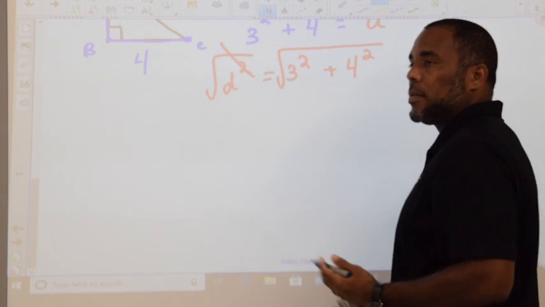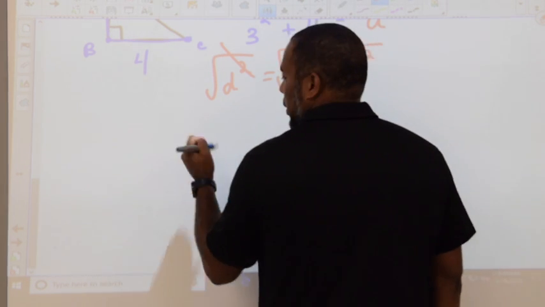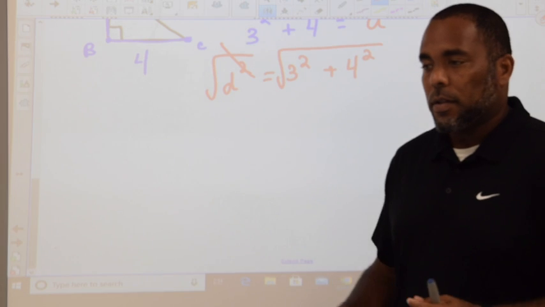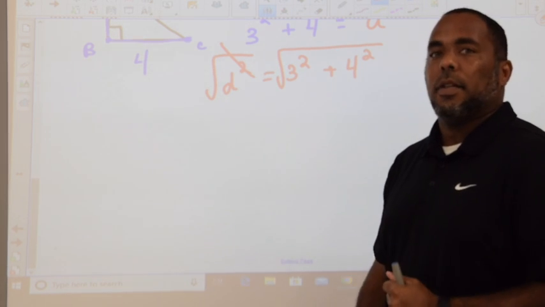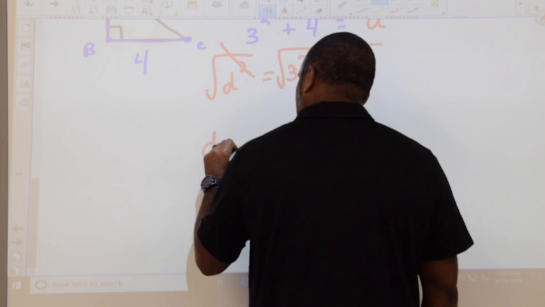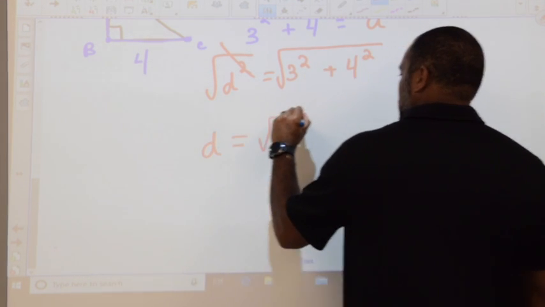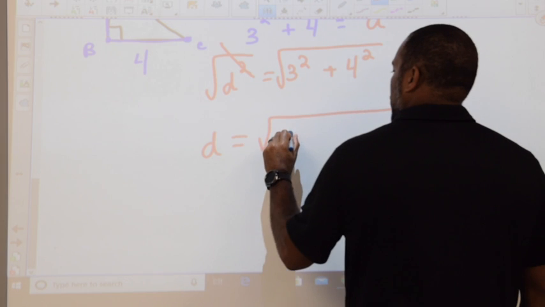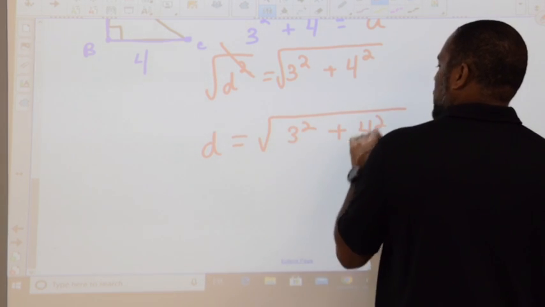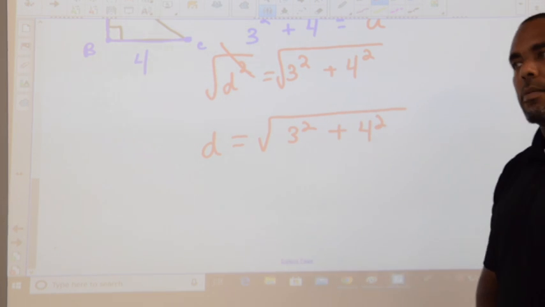They actually do cancel out, they negate each other; by negate, I mean they're the inverses of each other. So now I have D is equal to the square root of 3 squared plus 4 squared.